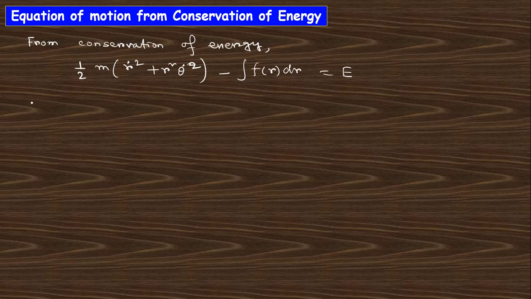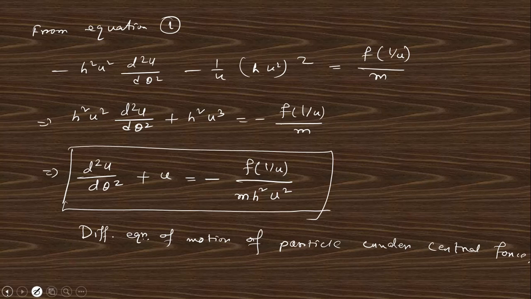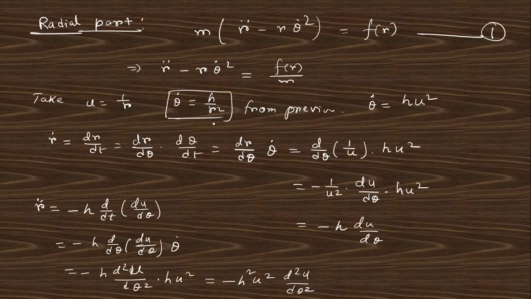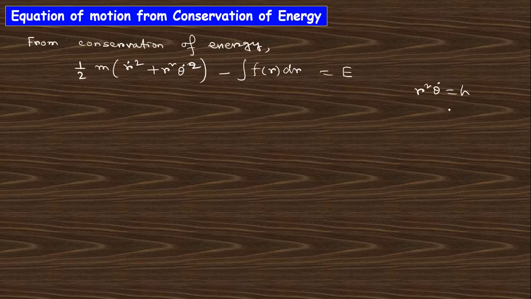Now you have the relation that r square theta dot equals h, which we have taken here. So r square theta dot equals h.